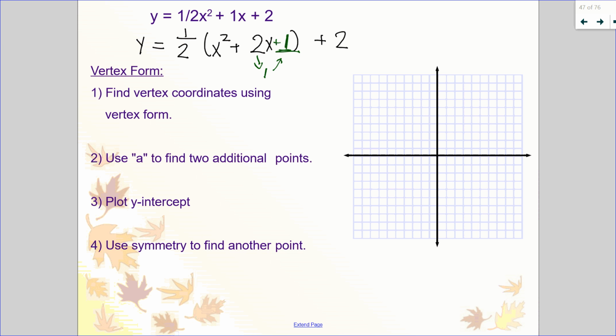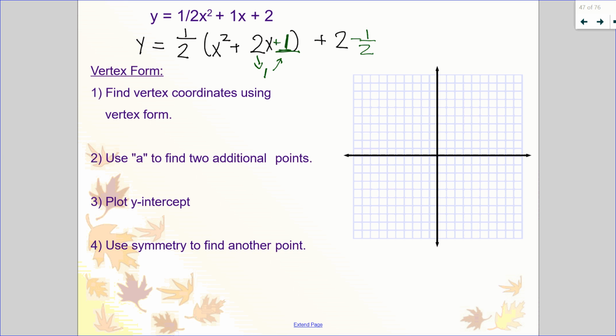I added a 1/2, so to counteract it, I'm going to subtract a 1/2. Or I could add a 1/2 to the other side. It's really up to me. But since I want to stay on one side of the equation, I added a 1/2, so I subtract a 1/2. And again, it's 1/2 because of the 1/2 on the outside.